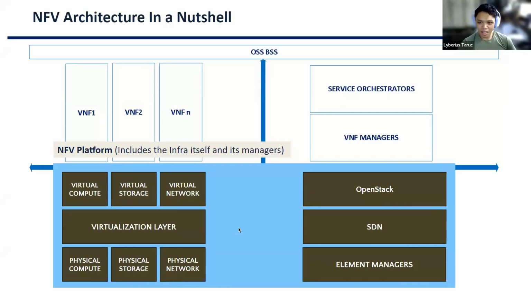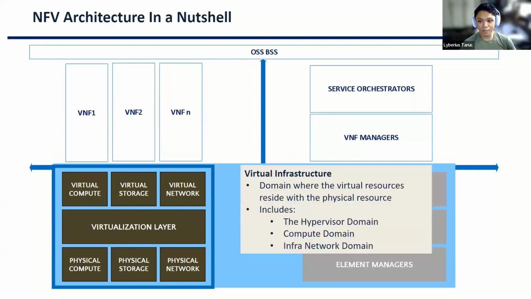You'll notice that on the right, orchestration, management, this is where OpenStack would come in. This is where your SDN controller would come in. Because these are, in an NFV architecture, the managers of your resources.